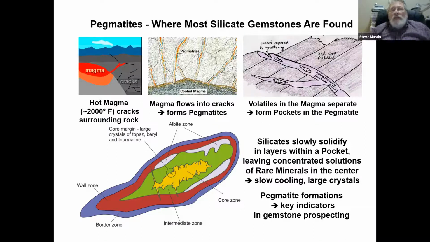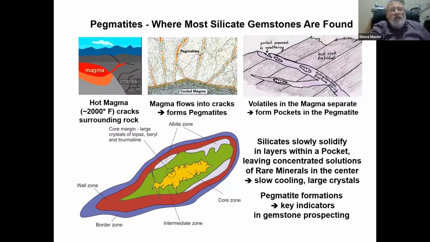And more complicated, and I'll talk about it in a second, there are volatiles, like, believe it or not, water in the magma. And as the magma cools, it's in the pegmatite, and it separates and forms pockets inside the pegmatite. And the bottom shows a typical pocket.